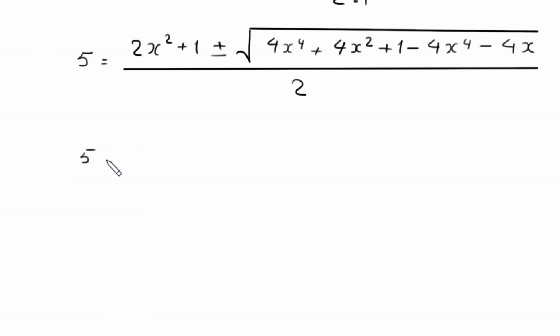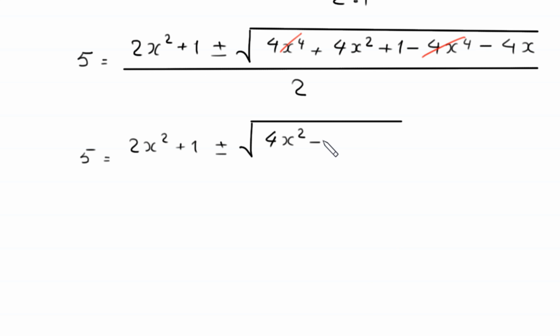Next, 5 is equal to 2x squared plus 1 plus or minus square root of. This positive 4x to the power 4 will be cancelled out with this negative 4x to the power 4, and here we are left with this 4x squared minus this 4 times x plus 1, divided by 2.